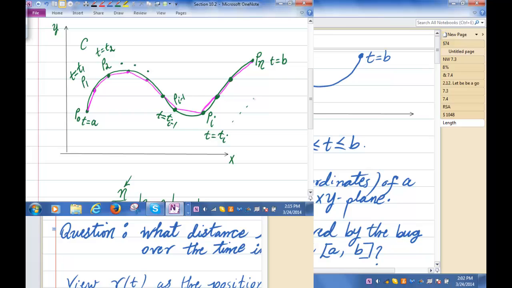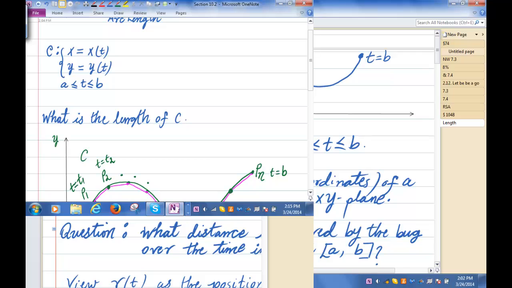Let's just concentrate on how to find the length of one line segment. I want to find the length of this line segment between P(i-1) and Pi. How do I find this length? Well, in order to find the length between 2 points, I need the coordinates. So what are the coordinates of these 2 points? Remember, my coordinate functions are x of t and y of t, right?